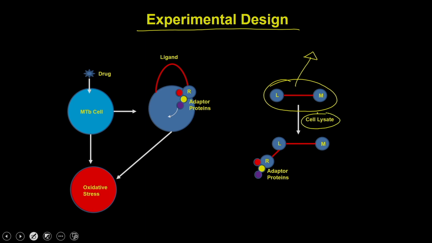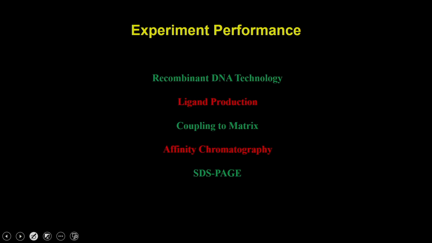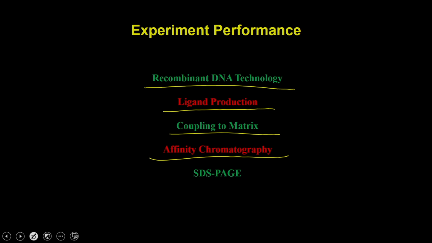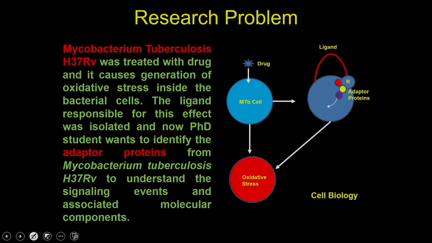If you incubate with the cell lysate, it is going to bind the receptor as well as the adapter protein, and then you can isolate these components and answer the question: what adapter proteins are present? That is going to give you the complete information about the adapter proteins. These are the things you require: recombinant DNA technology, ligand production, coupling to the matrix, then affinity chromatography, and then SDS-PAGE to answer the questions.